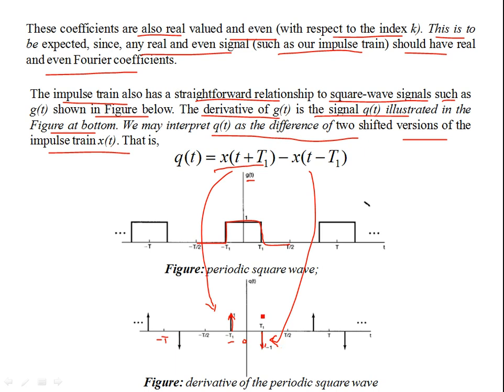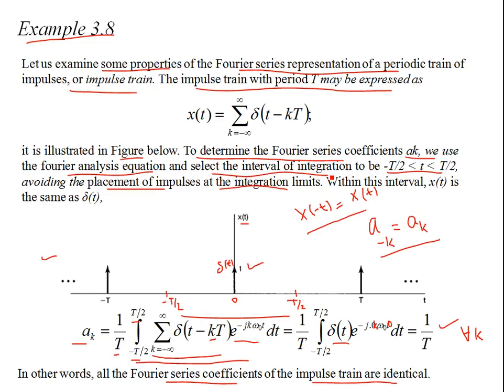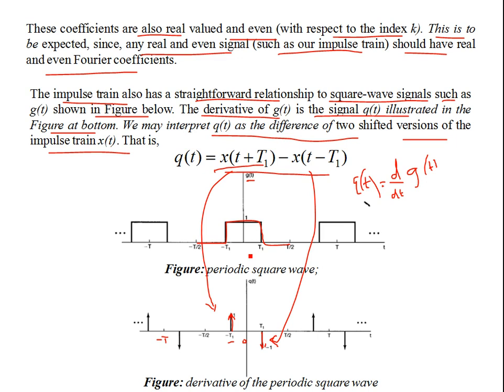So there's a relationship between the square waveform and the impulse train: you take the derivative, so d/dt of g(t) is your q(t). Then you can express q(t) as a difference in terms of x, which is your impulse train itself. You can shift it from minus T1 to plus T1, and then construct a periodic shifted impulse train.